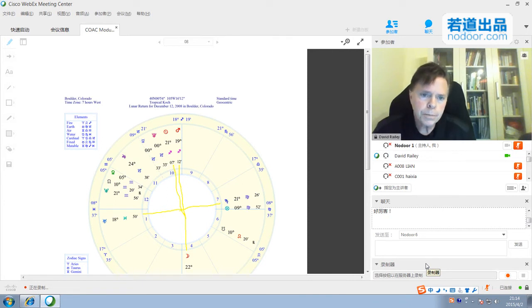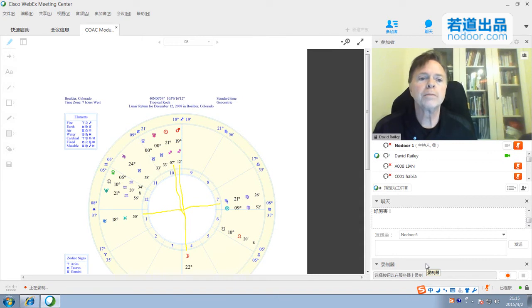Look at this lunar return chart for December. Imagine what you would be thinking if she was still married and had not gotten the divorce finalized. What would this chart mean then? Then it takes on its full negative potential, doesn't it?